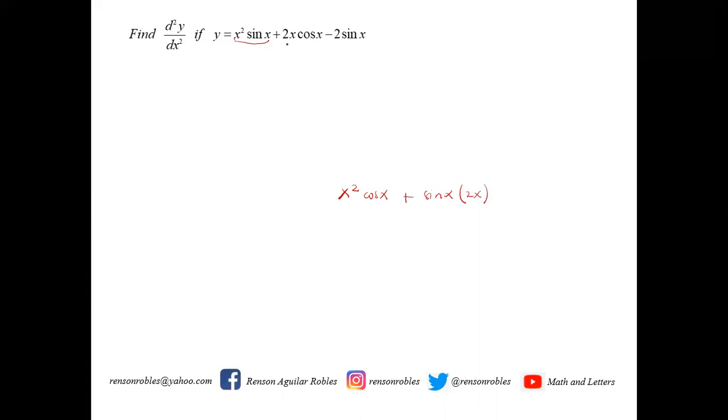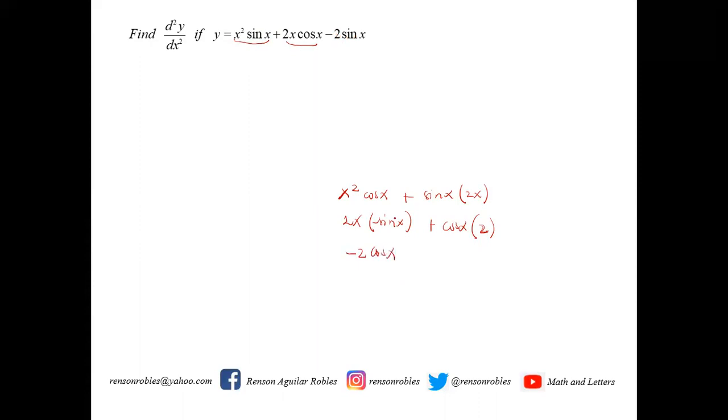And then for the second term, 2x cosine x, its derivative is 2x times derivative of cosine x, that's negative sine x, plus cosine of x times derivative of 2x, which is simply equal to 2. Okay? And for the third term, that's negative 2 sine x, the derivative is simply negative 2 cosine of x.